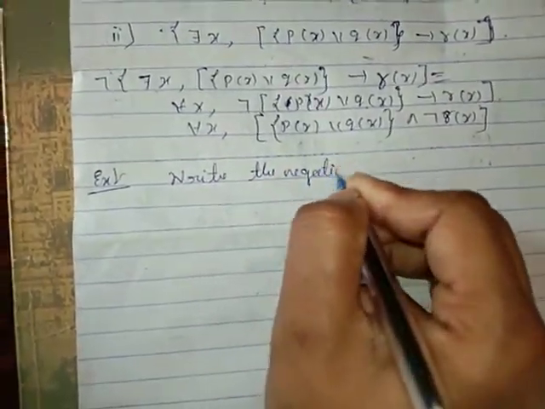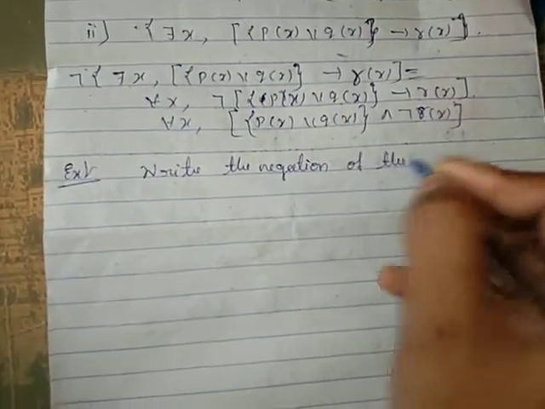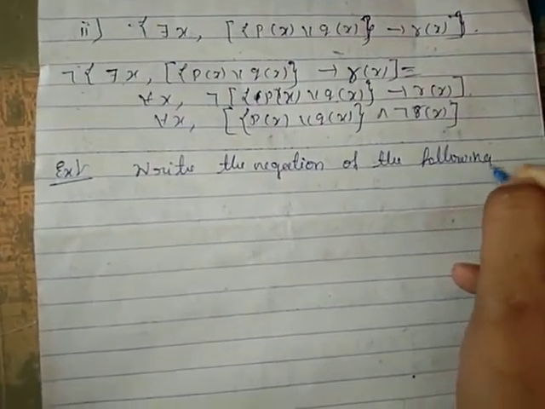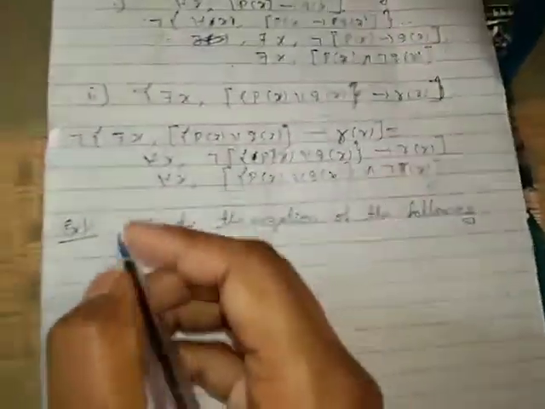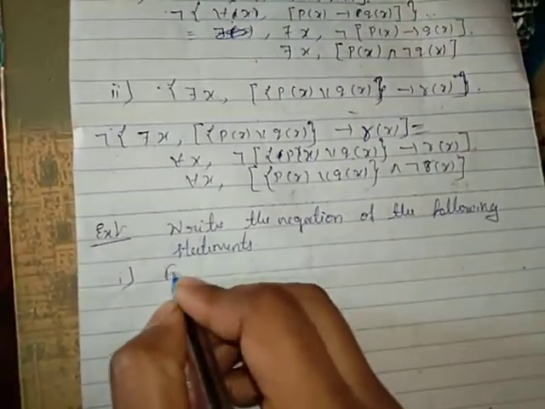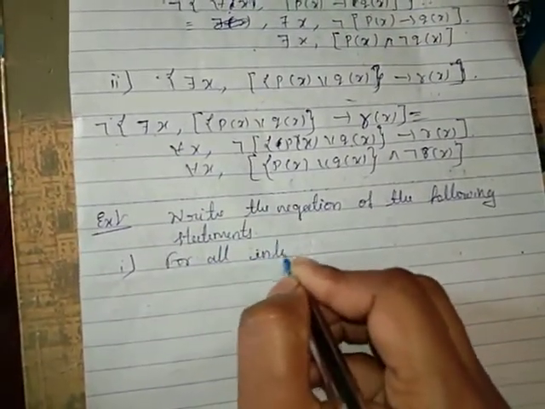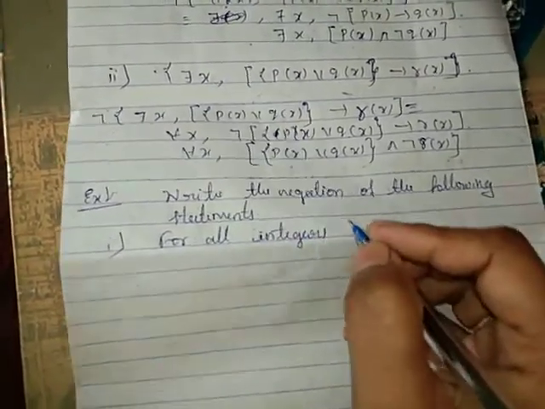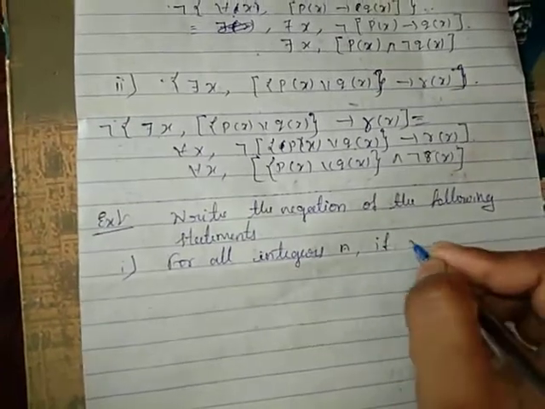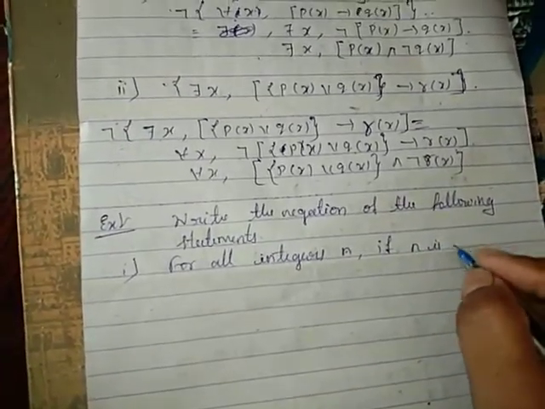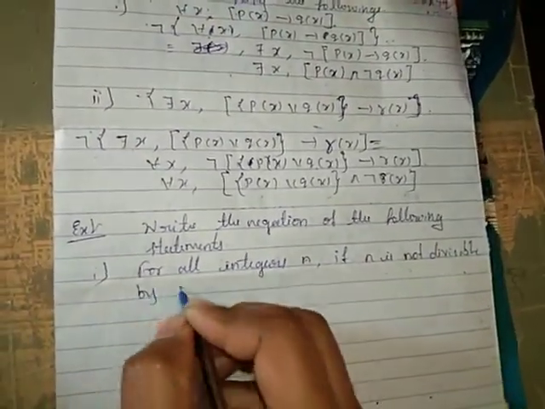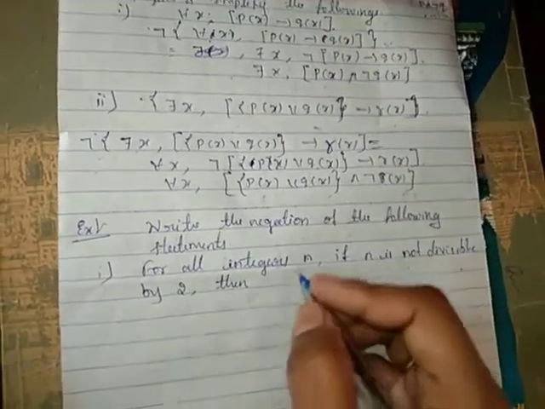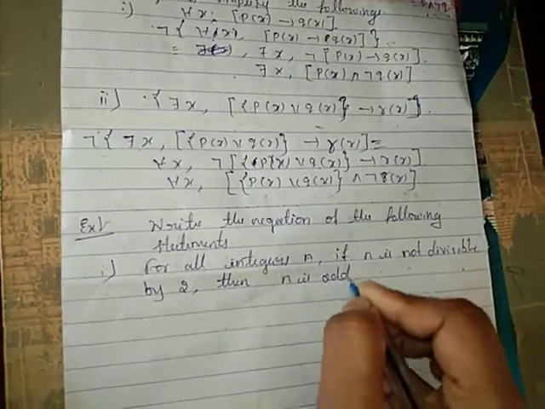Now I am taking a different kind of example. Write the negation of the following statements. The first one is: for all integers n, if n is not divisible by 2, then n is odd.